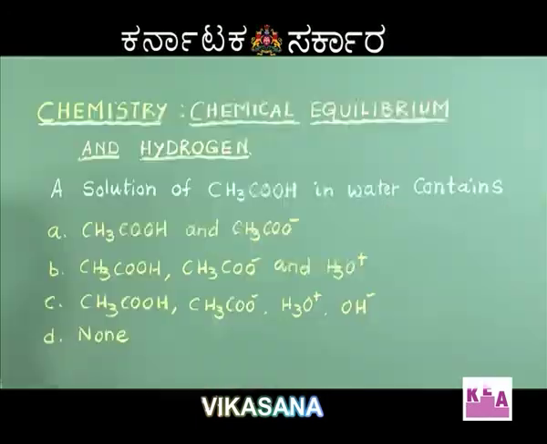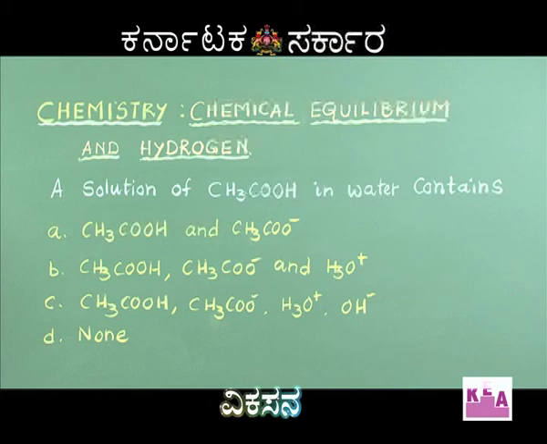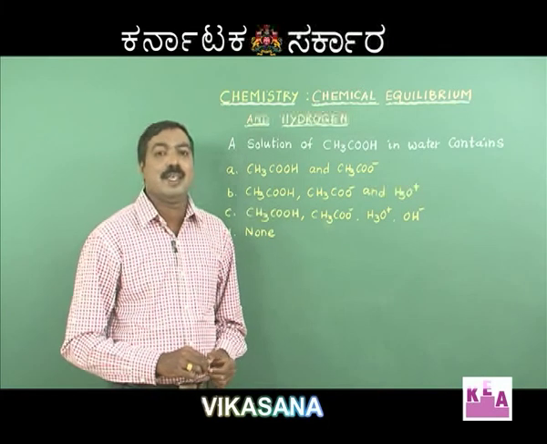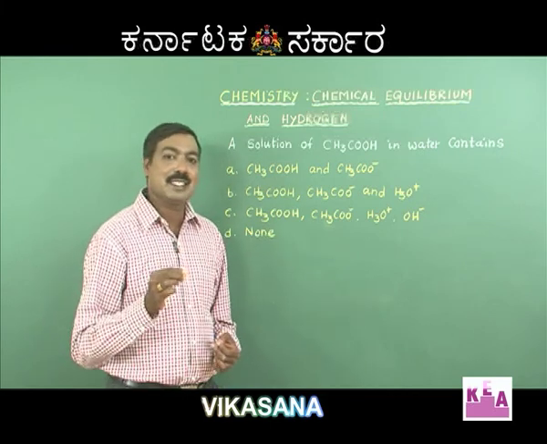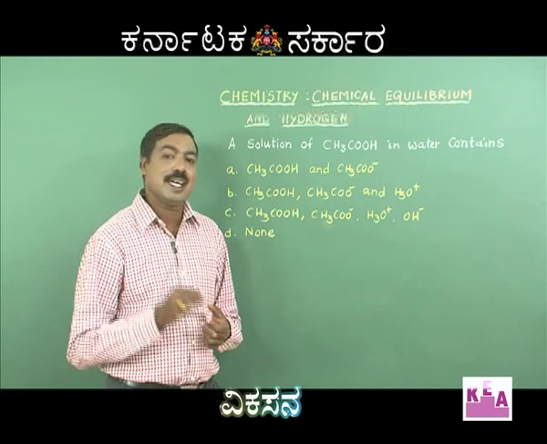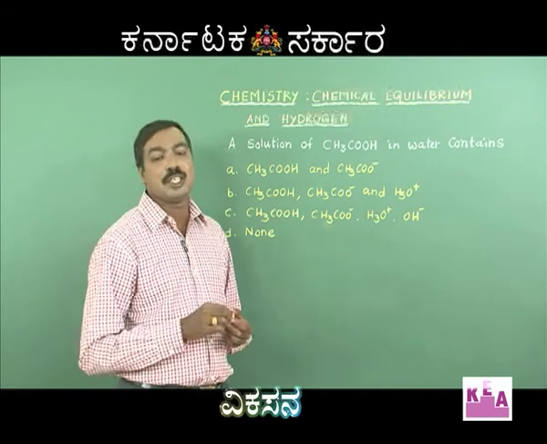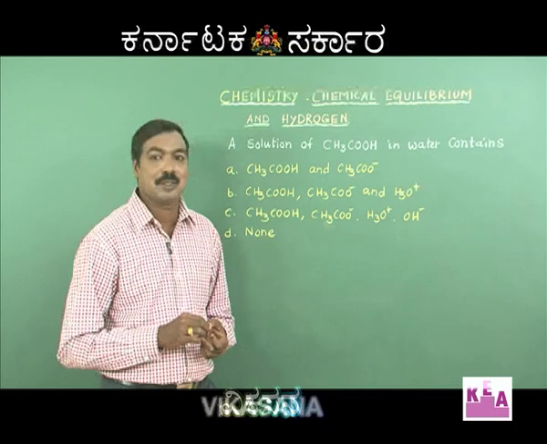Our next question: a solution of acetic acid in water contains. We are aware acetic acid is a weak acid. It undergoes partial ionization in water. When acetic acid is dropped in water, acetic acid undergoes dissociation to form acetate ions.